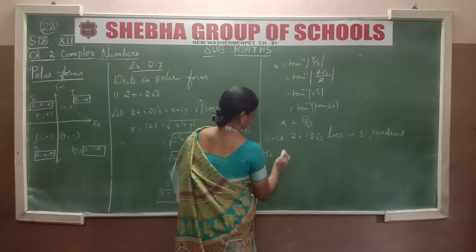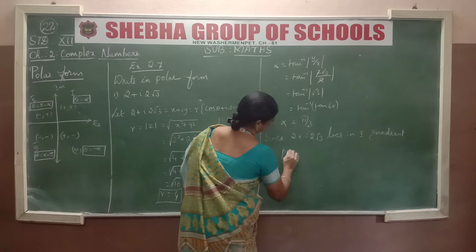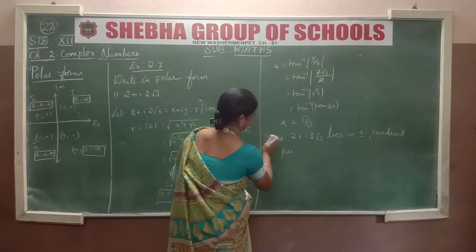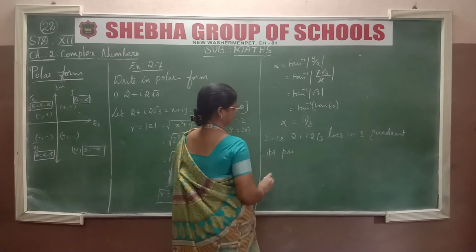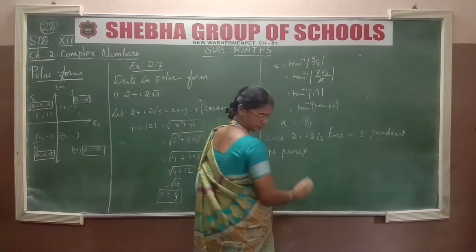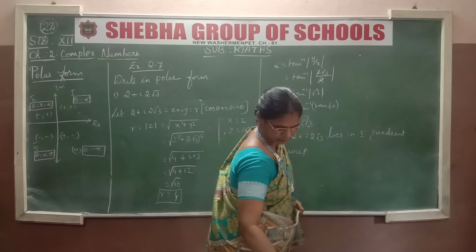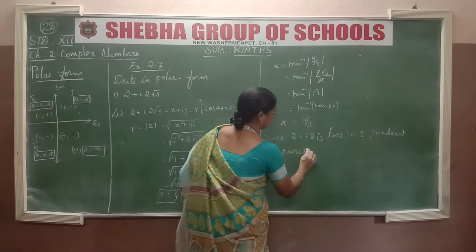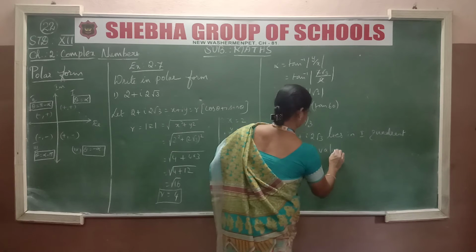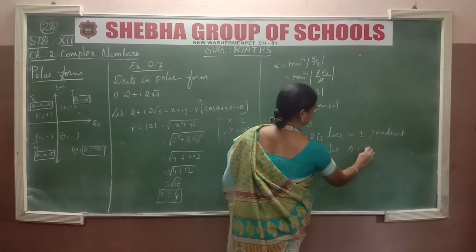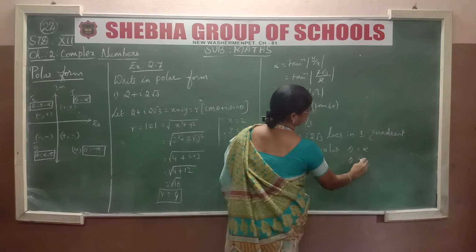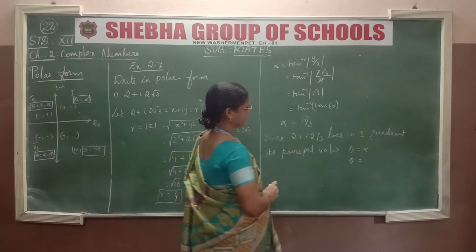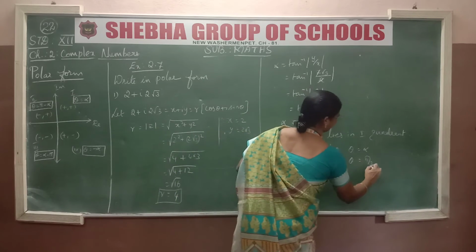So, the principal value is what? Theta is equal to alpha. Alpha is pi by 3.